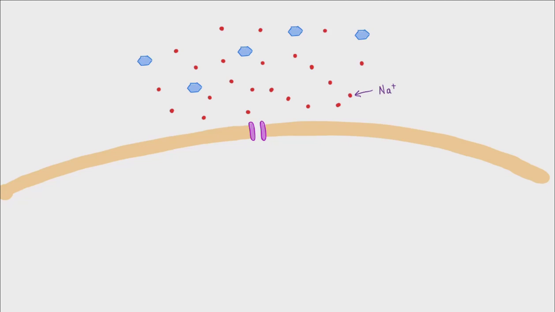Now, that channel protein, as I've drawn it, has a big enough pore that it's going to allow sodium to diffuse through, but not so big that it's going to allow a glucose molecule through. So glucose is prohibited. What if I tried to instead build a channel protein explicitly for glucose? Let's see what that would look like.